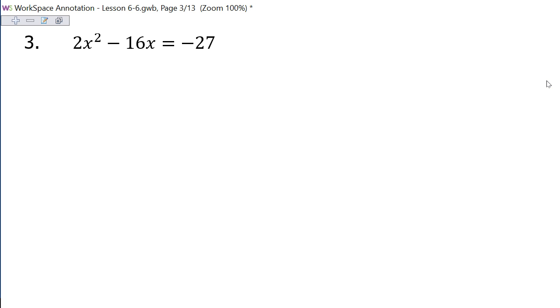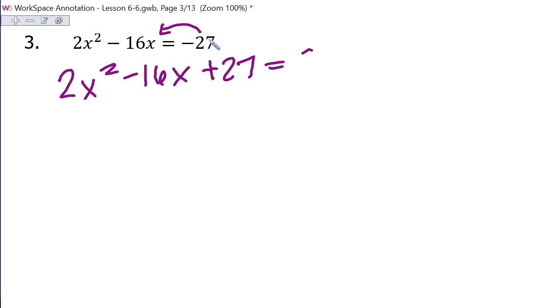Is this equation in standard form? No, what has to move? It has to equal 0, so move the negative 27 to the other side. So this would be 2x squared minus 16x. And what happens to negative 27 when we move it to the other side? Changes to positive 27. And that equals 0.